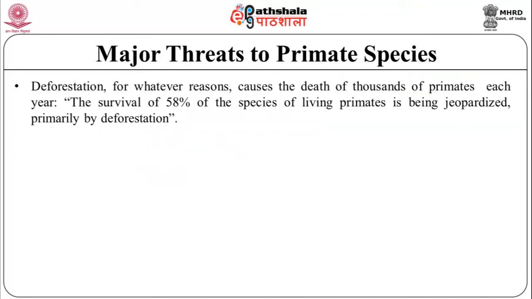Deforestation, for whatever reasons, causes the death of thousands of primates each year. The survival of 58% of the species of living primates is being jeopardized primarily by deforestation. At the current rate of destruction, it is estimated that by the end of the 20th century, most of the tropical forest will have disappeared, to be replaced by subsistence farming, permanent farming, and large plantations.